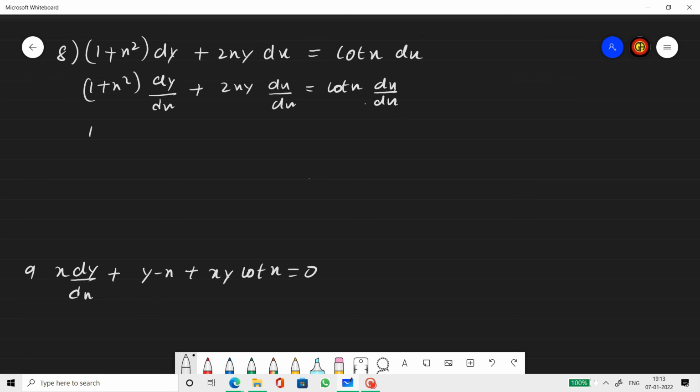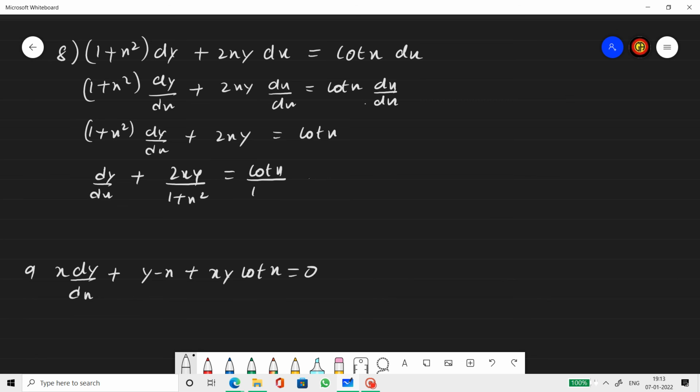So therefore, it becomes 1 plus x square into dy by dx plus 2xy equals cot x. Next step, I'm dividing with 1 plus x square, because 1 plus x square is the coefficient of dy by dx. With this, I get dy by dx plus 2xy by 1 plus x square equals cot x by 1 plus x square.